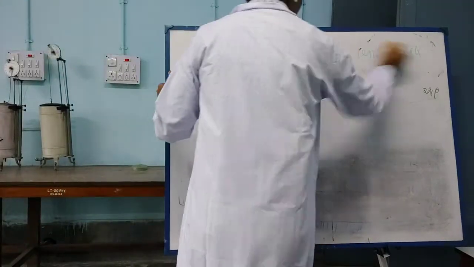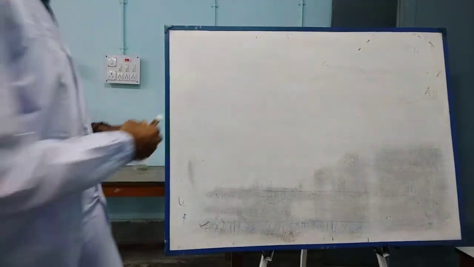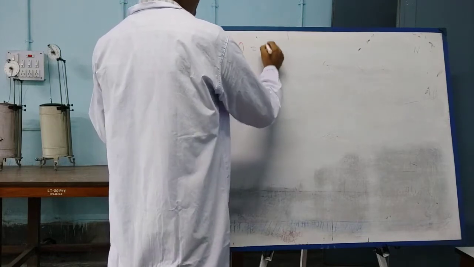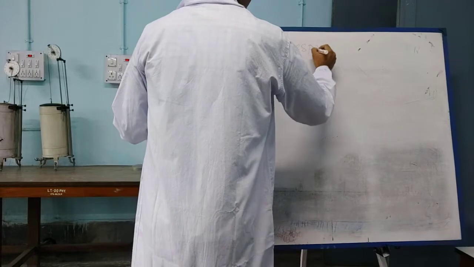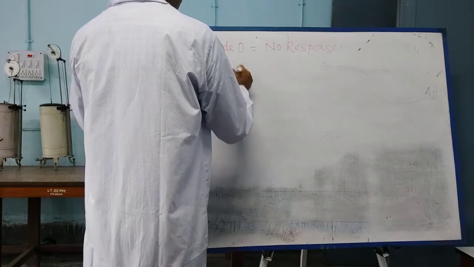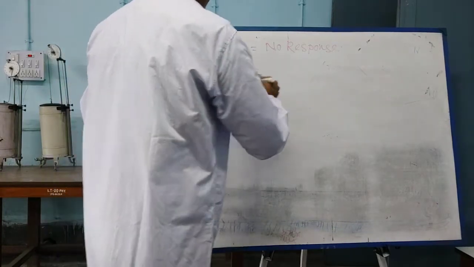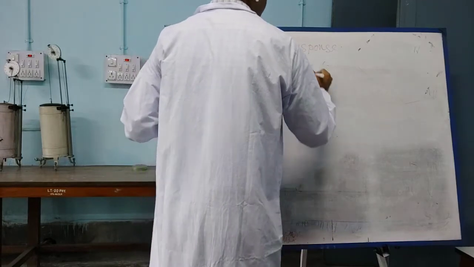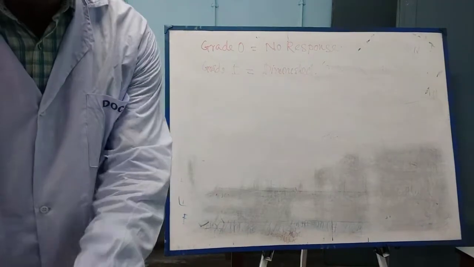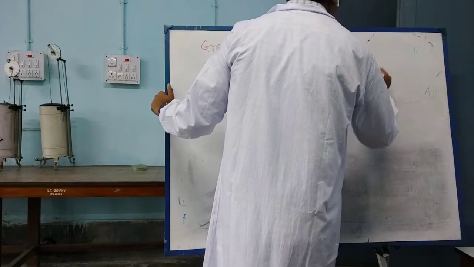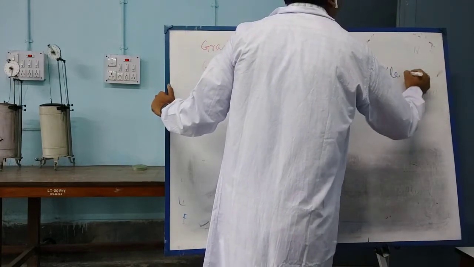Now, there is some grading of the reflex. The grades are: grade 0, that means no response. Grade 1, that means reflex is diminished, like normal ankle jerk.